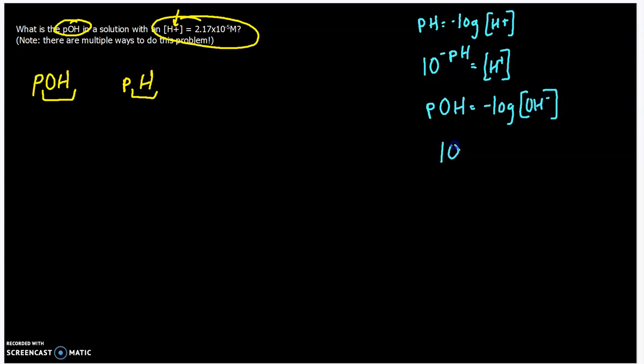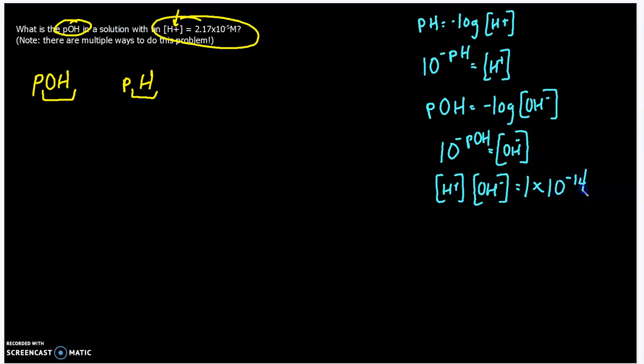We know 10 to the negative pOH will give us OH. We know H plus times OH minus will equal 1 times 10 to the negative 14. And we know pH plus pOH will equal 14.